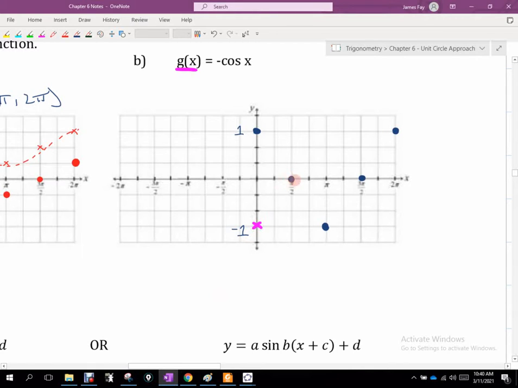What's the opposite of that y value? Opposite of that y value. Opposite of that y value. And now we've got those 5 points transformed. We effectively did our transformation. That make sense? Okay.